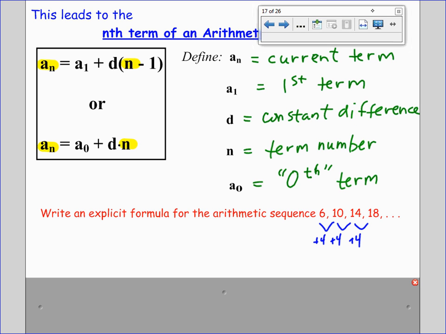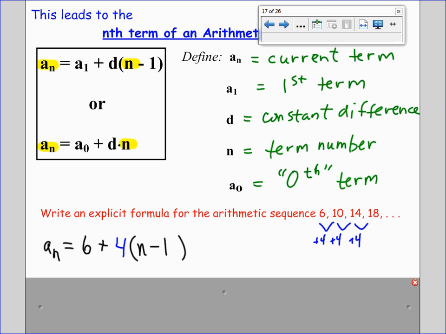So the first thing we do is we pick out our a sub 1. I know a sub n would be given by a sub 1, which is 6, plus my constant difference we just saw was 4, times my input, n minus 1.